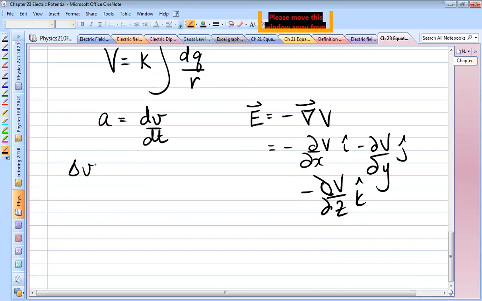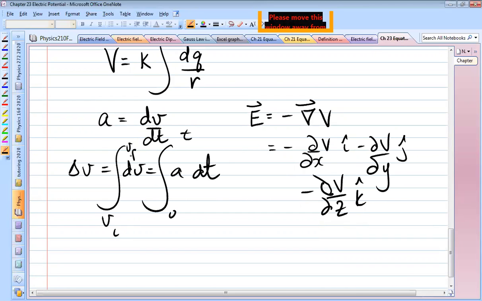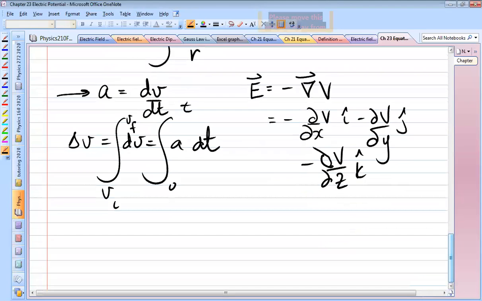The change in velocity is the integral of dv, which is the integral of a dt from 0 to t, from v initial to v final. And so just this a equals dv/dt is called a differential equation because it's a derivative. This is called the integral equation. Similarly over here, this is a differential equation because it's got the derivative.